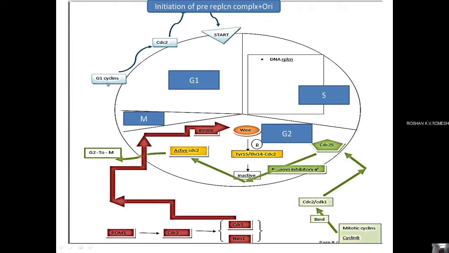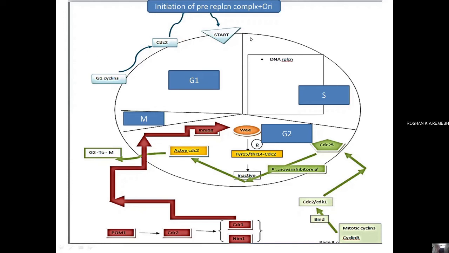See here, once the entire process that occurs in the G1 phase is over, that activates the G1 cyclins. This G1 cyclin activates the CDC2. That CDC2 activates these pre-replication complexes to assemble on the origin of replication. Origin of replication means a site that may be seen in the DNA. So once these pre-replication complexes get assembled, only then can DNA replication commence.